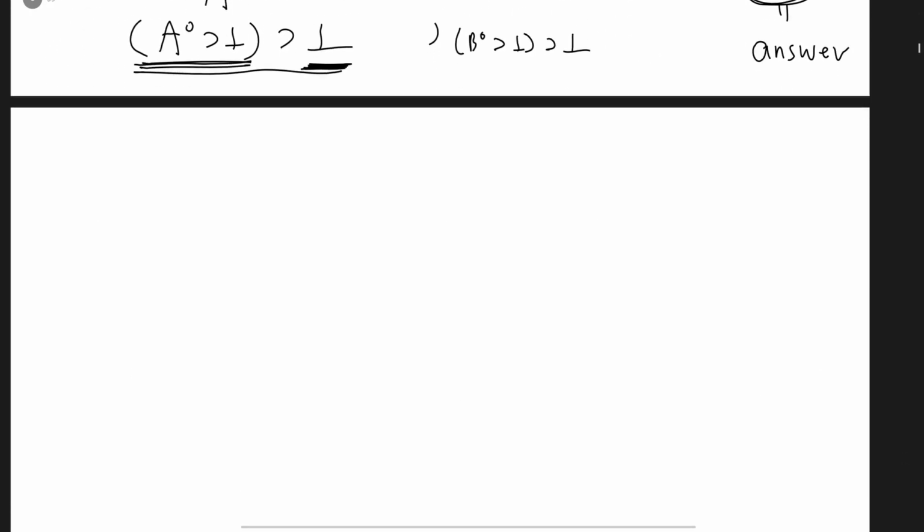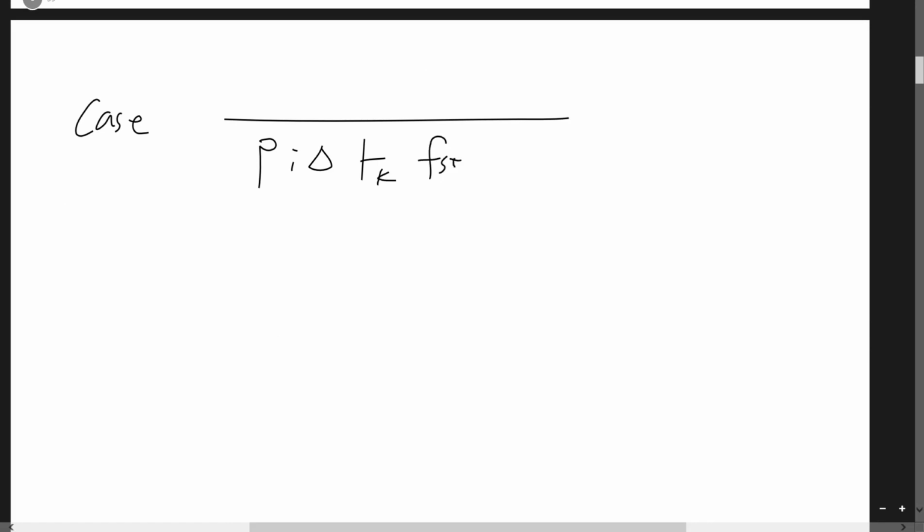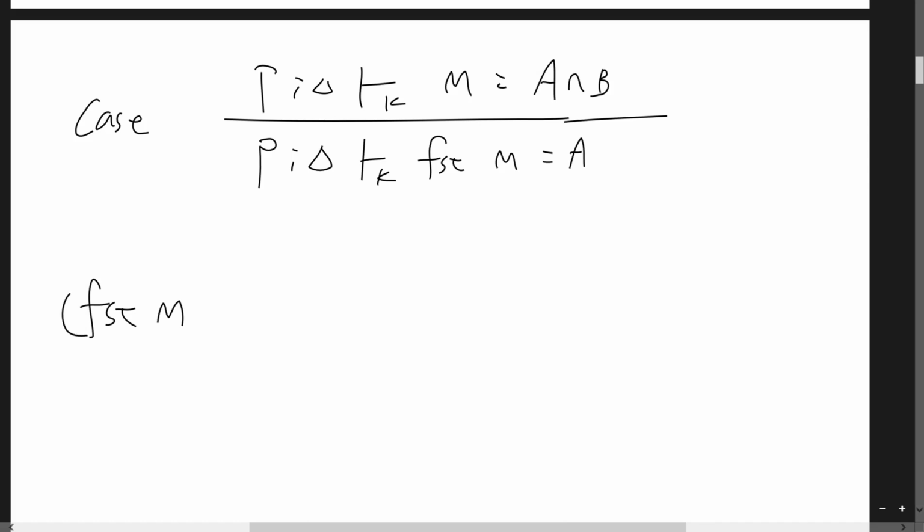Let me show you another example. This time, it's going to be the projection. So you have gamma, delta, first M, it is type A, and M has type A conjunction B. So what is the translation of first M?